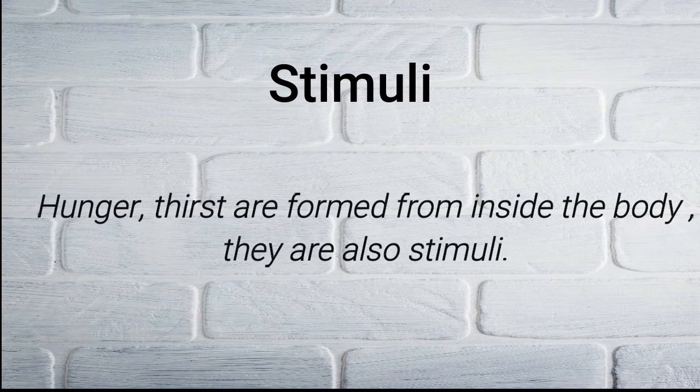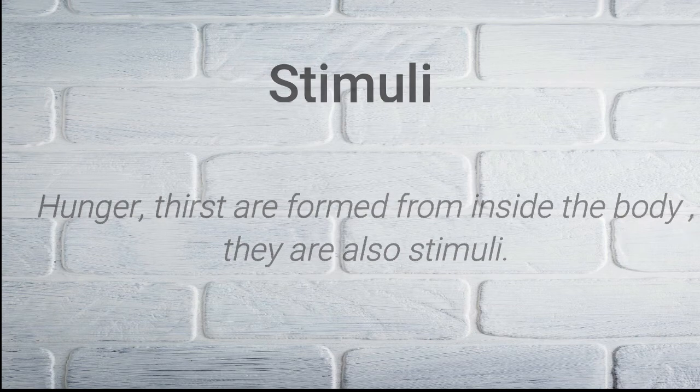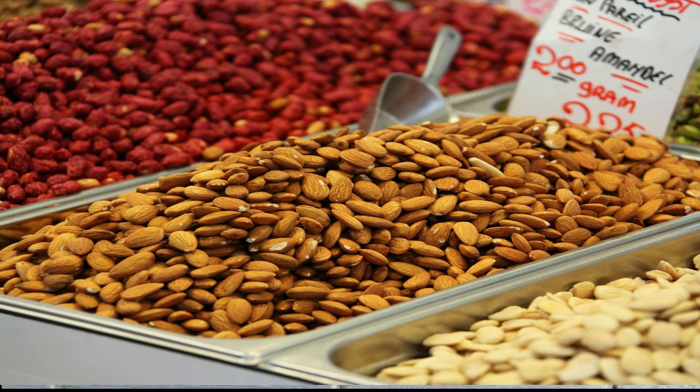Hunger and thirst are formed from inside the body, and they are also called stimuli. We know that taste, touch and smell are stimuli coming from outside sources, right? By looking at tasty food, we are feeling something from that.